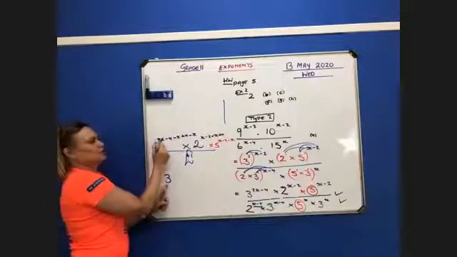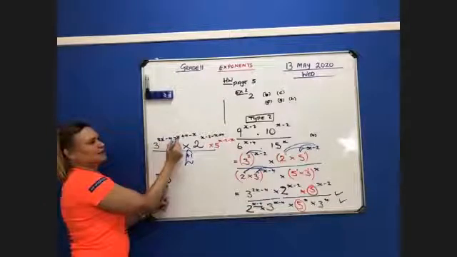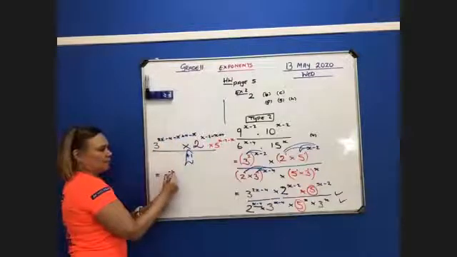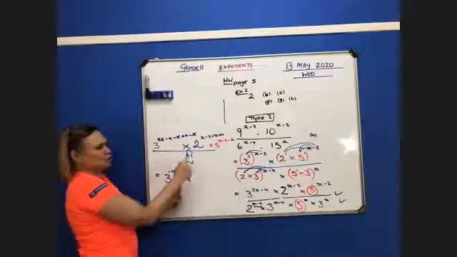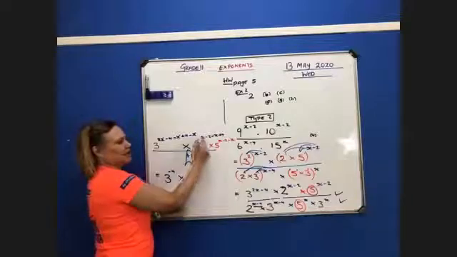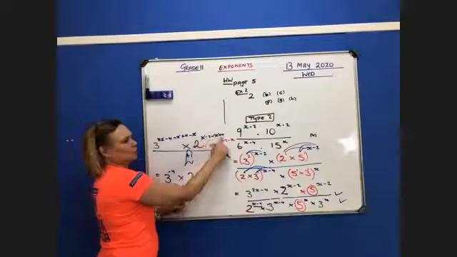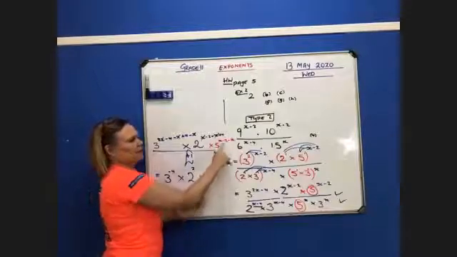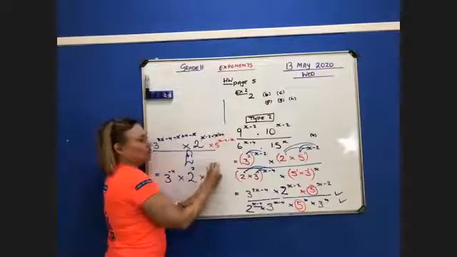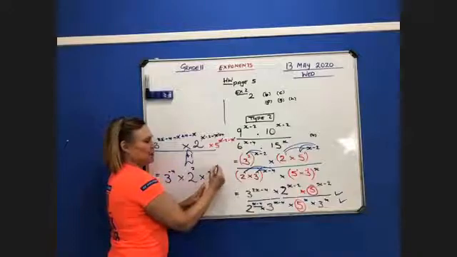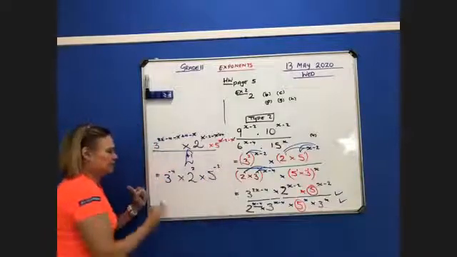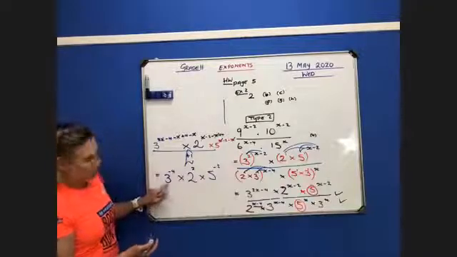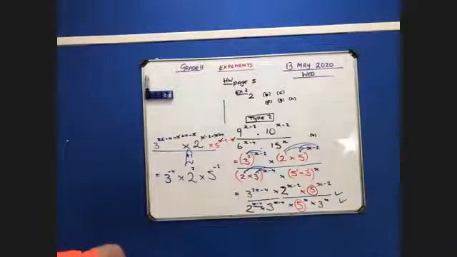Do you see the 2x cancel with the minus 2x? So you're left with minus 4. Times 2, the x's cancel, so you're left with plus 2. And with the 5, the x's cancel, you're left with minus 2. Now, if I have done this right, let me just see there.